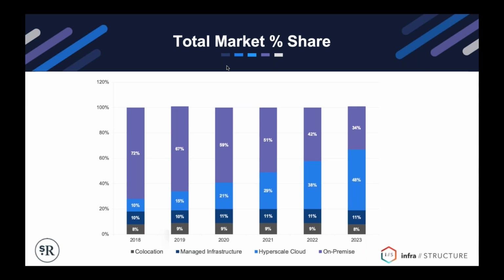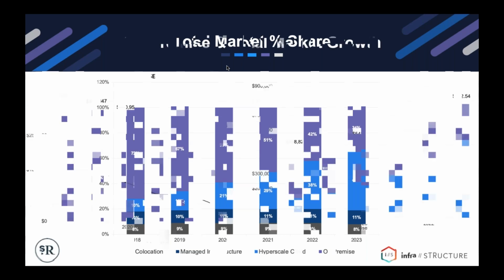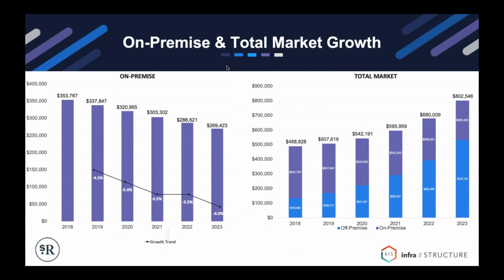That, of course, is being driven by the movement from on-premise to various types of outsourced infrastructure environments, of which Webair is going to show you one aspect today. This shows how the on-premise world on the left continues to trend down, and how the outsourced infrastructure combined with all the infrastructure that's out there continues to trend up in terms of value.